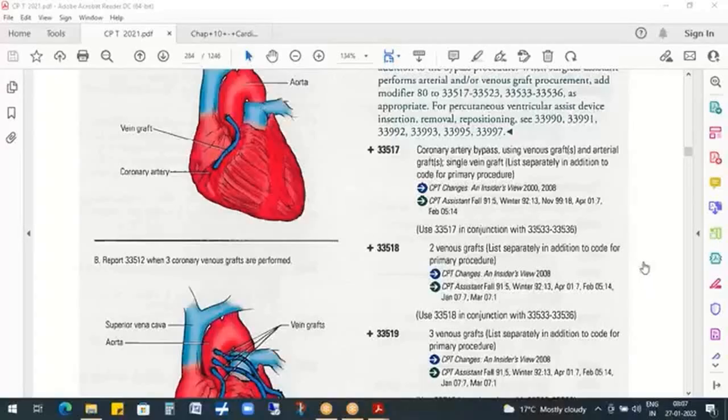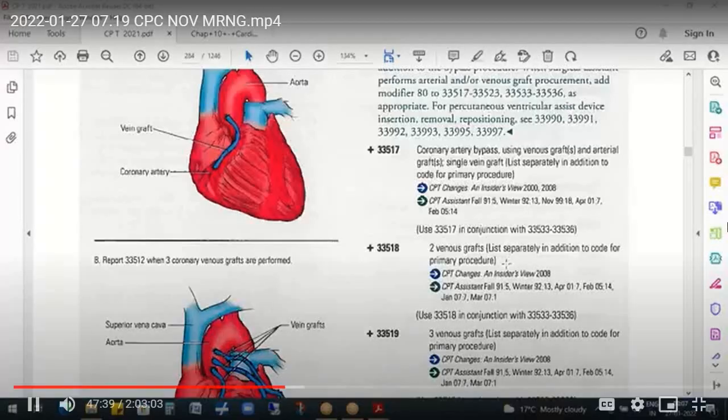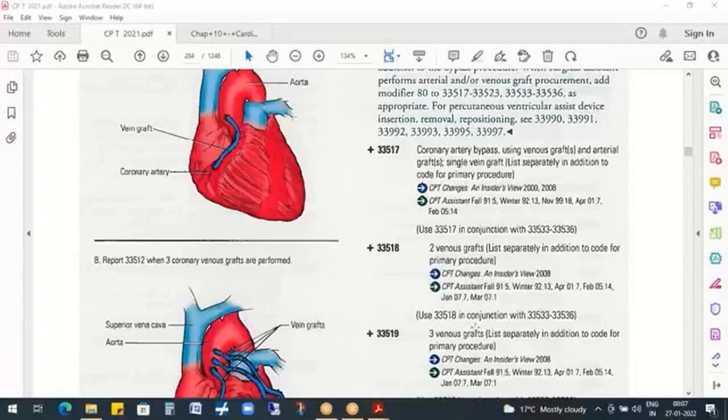You can see the parenthetical note, Geeta Kumari, when you are going to code. Can you see below the code 33518? What does that add-on code say? Use 33518 in conjunction with only 33533 to 33536, not with 33510 to 33516. Understood?